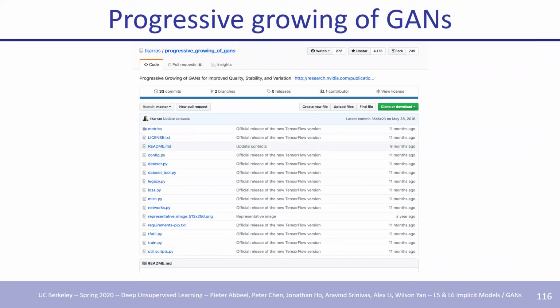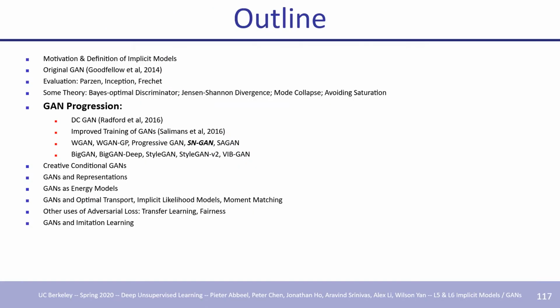Okay, he's saying just look at their code, not the paper. So that's the progressive GAN. I think they're using the same architecture as WGAN or WGAN-GP in terms of loss function and things like that.